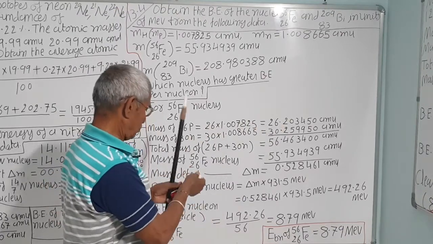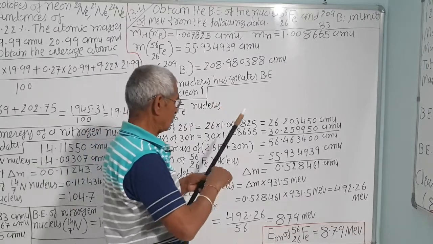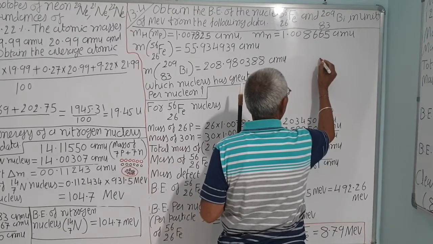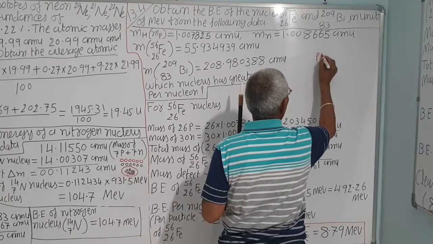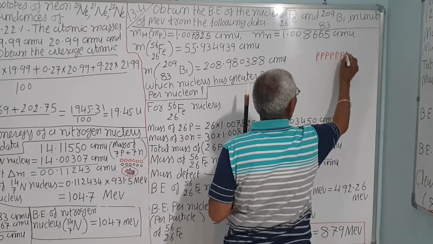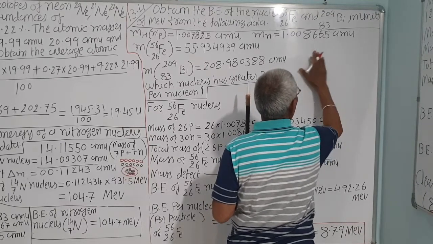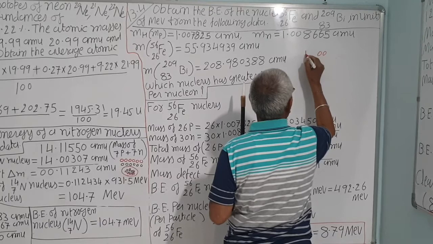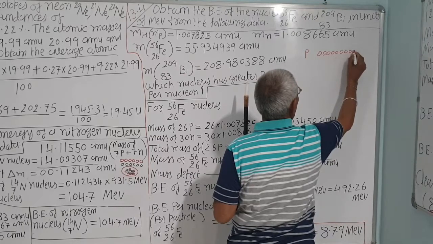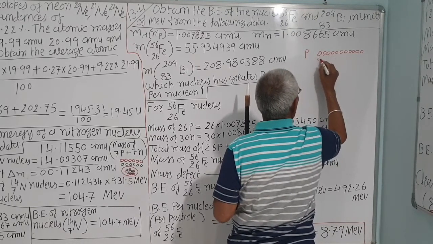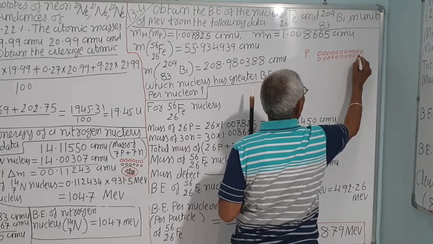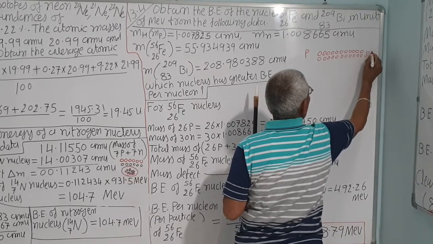But when you put them together, the mass decreases because some mass converts into energy. Suppose you take the 26 protons, 1, 2, 3, and so on up to 26.